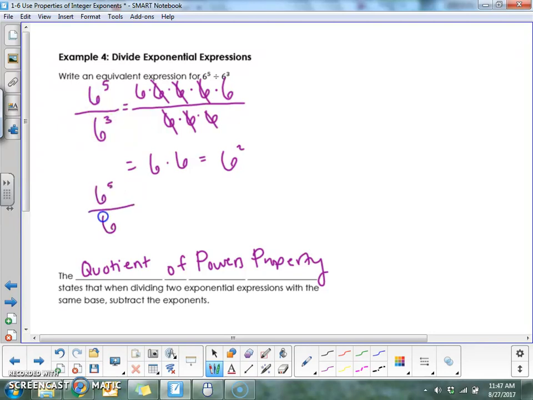You write it as your division problem here, and instead of adding like we did when we multiplied, we're going to be subtracting these exponents. So I'm going to have 6 to the 5th power minus the 3rd power, which gives me 6 squared. So again, this is the shortcut by using your quotient of powers property.